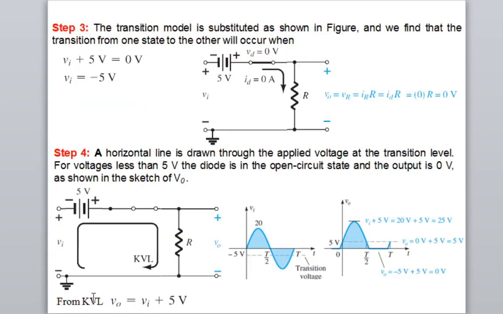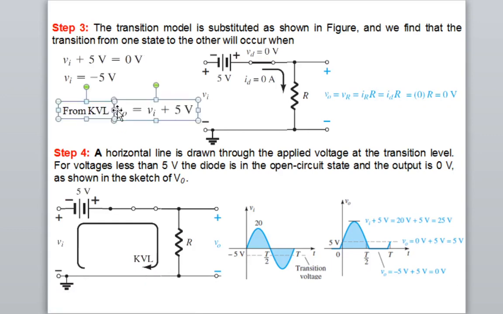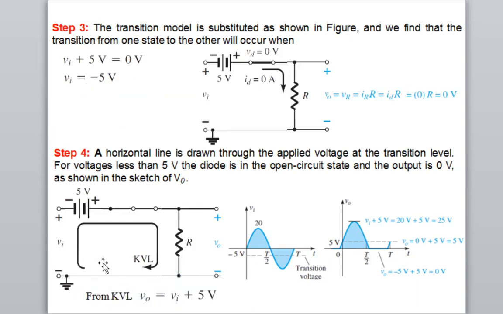In the on region, if you apply Kirchhoff's voltage law in this circuit, Vi minus 5 plus Vo minus Vi, so Vo will be equal to Vi plus V. The output voltage equals the input voltage plus the power supply voltage, because this is a series combination of voltages. So output voltage will be equal to Vi plus V.